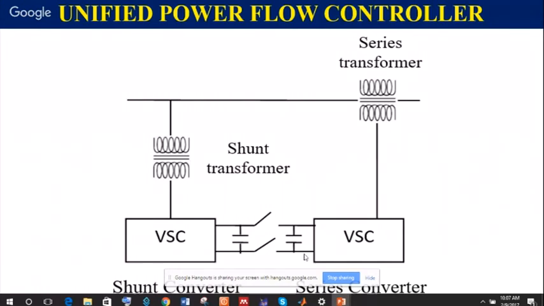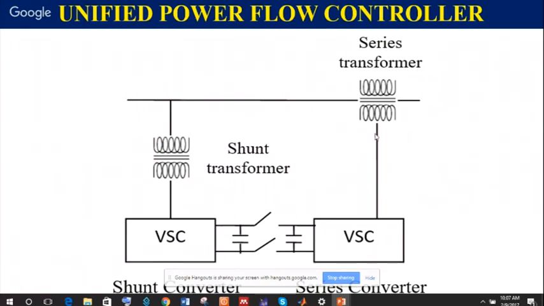So there are two voltage source converters. One is connected in series with the line. This is the transmission line, and it is connected through the series transformer. The other is connected in parallel, across the line, through a shunt transformer. And the DC links of both voltage source converters are connected via a switch.